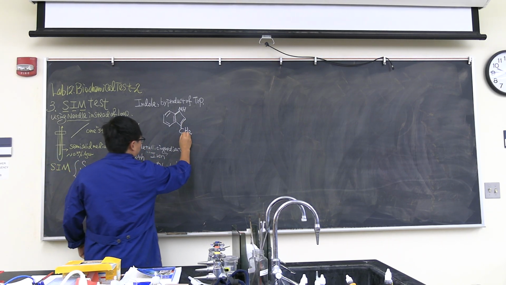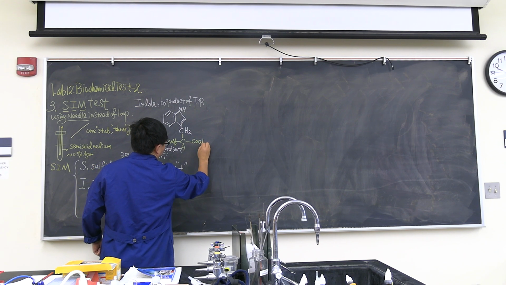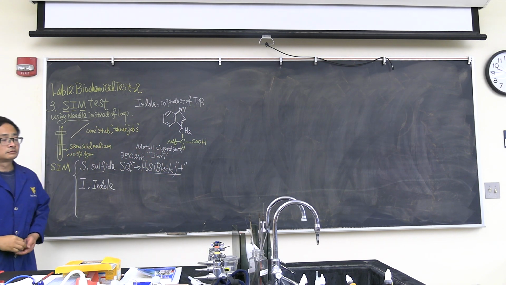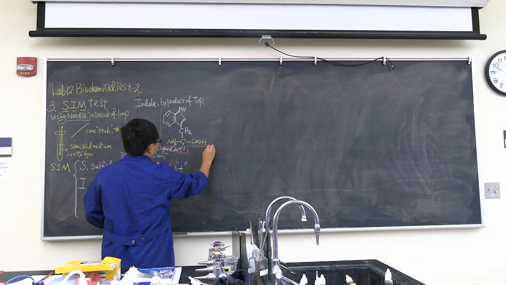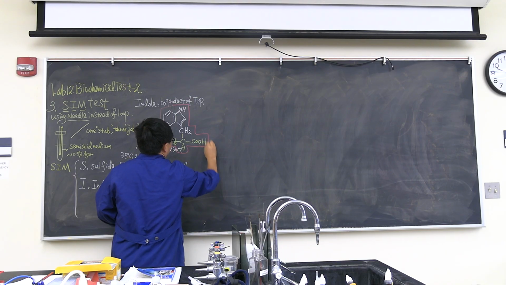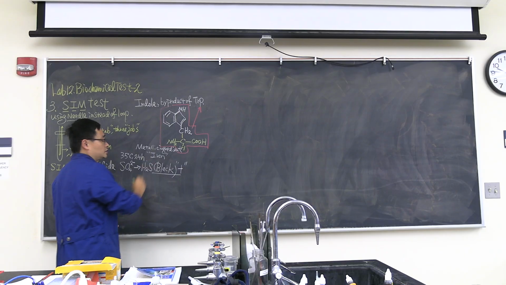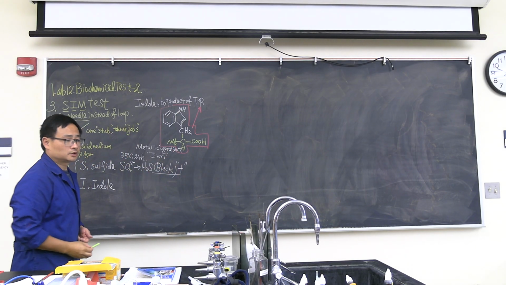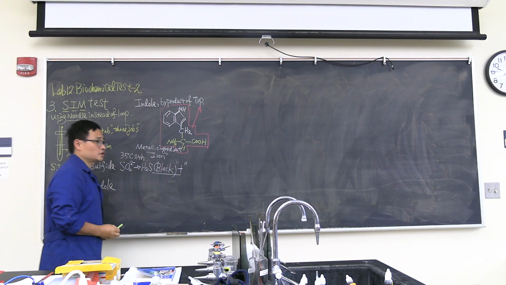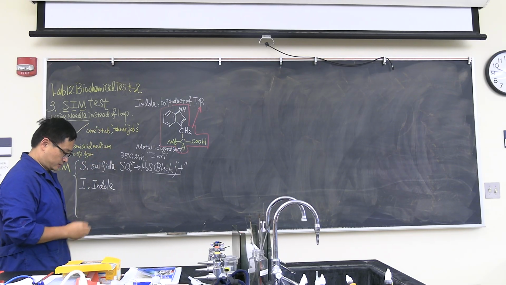Okay? This whole thing is tryptophan. Remember, chiral C in the middle, amino group, carboxyl group. Universally have an H there, and this is all side chain, and this is called tryptophan.